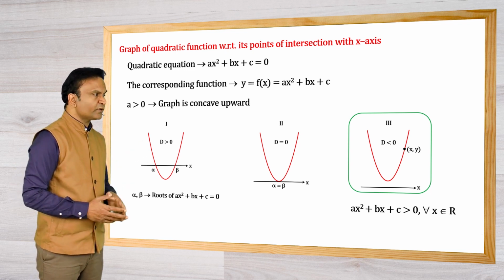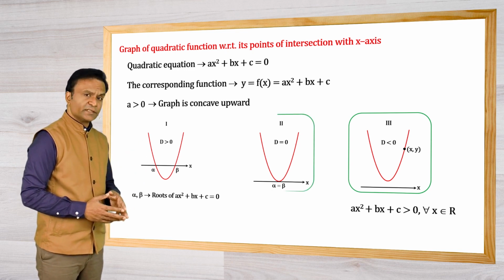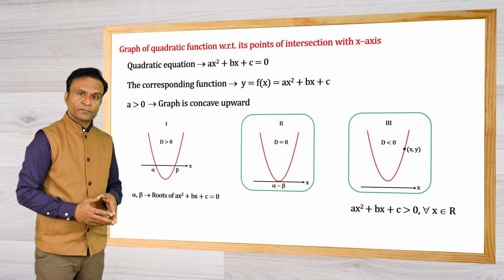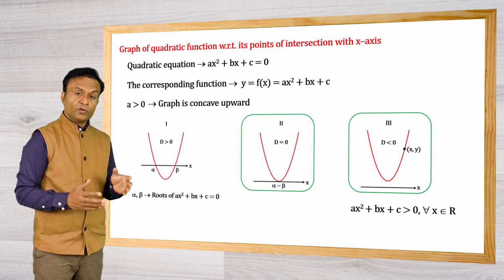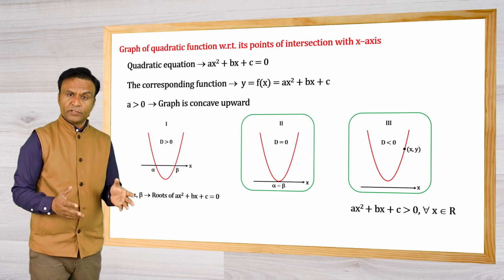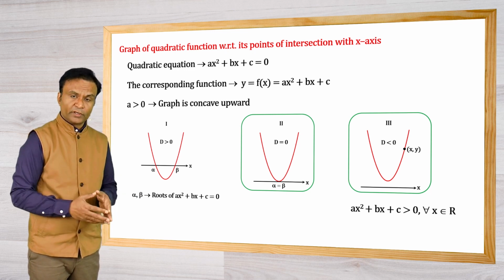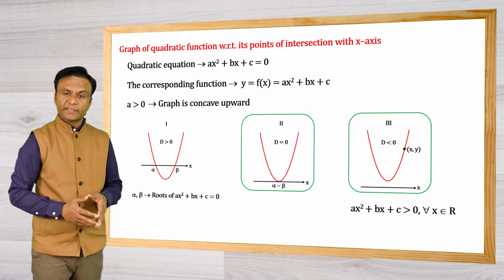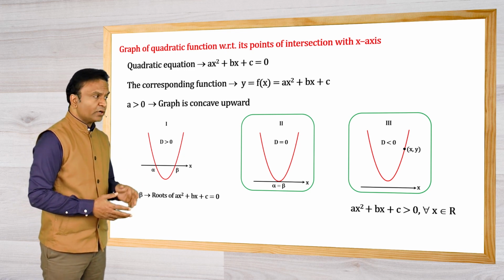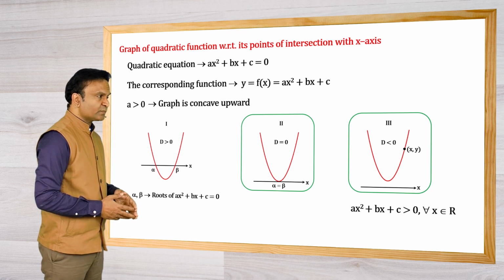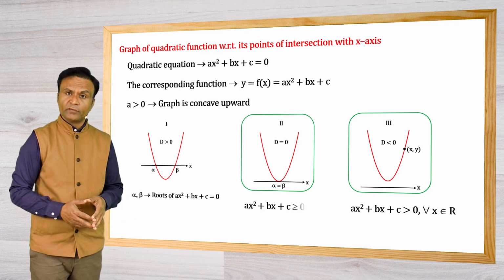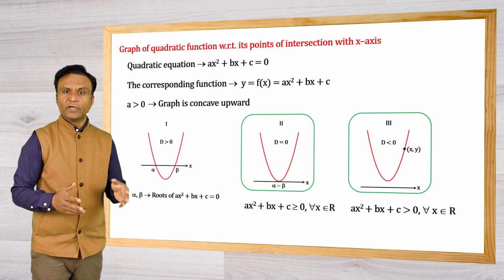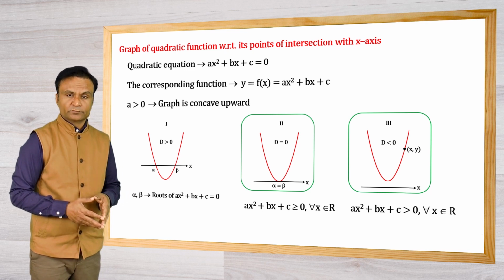In the second figure, the graph is touching the x-axis. Here the value of y is either 0 at the point of contact or positive. So in this case, we can say y or ax² + bx + c is greater than or equal to 0 for all x belongs to R.